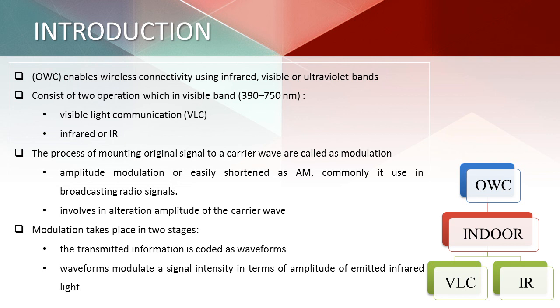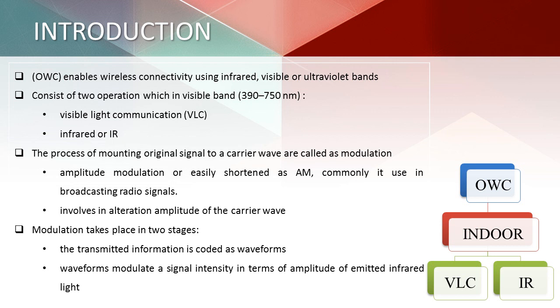Assalamualaikum and hi. So, we will start with the introduction. OWC, or optical wireless communication, has two types, indoor and outdoor, but we will focus on the indoor part. OWC enables wireless connectivity using infrared, visible, or ultraviolet bands.